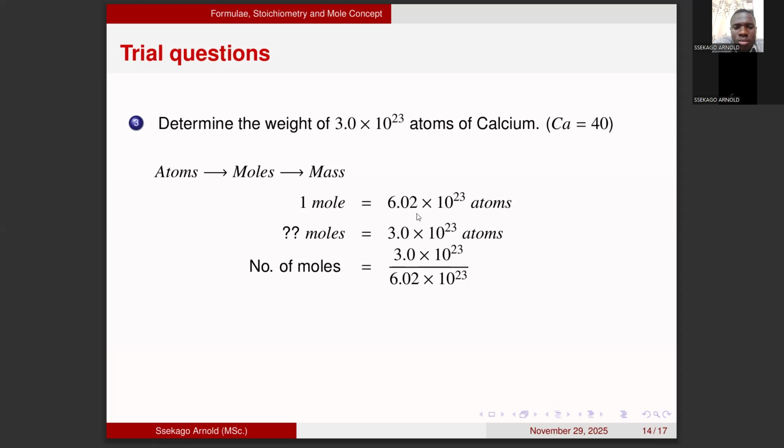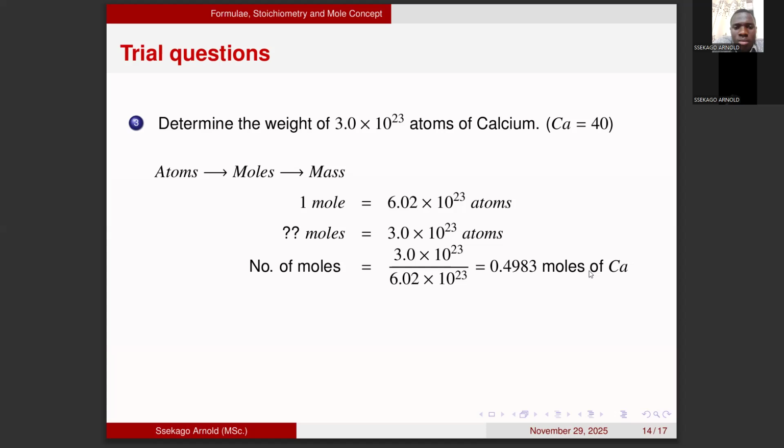Then the unknown will be multiplied by 6.02 times 10 power 23 atoms. So dividing, we shall have the given atoms over the Avogadro's number. So the number of moles will be the given atoms over the Avogadro's number. And computing this, we obtain 0.4983 moles of calcium.